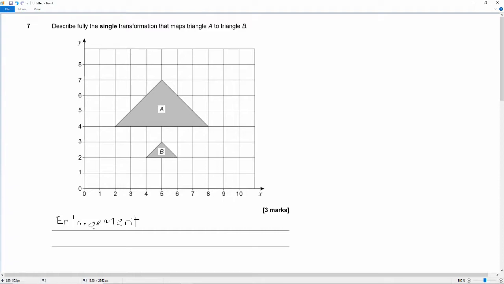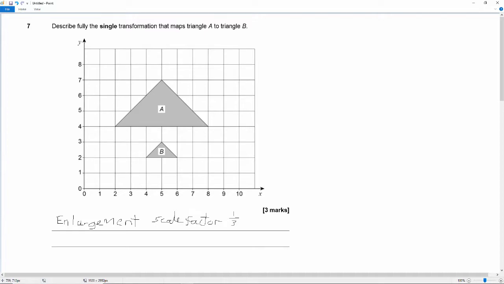So it's actually grown by a factor of 1/3. So you'd say scale factor one-third. And that's your second mark.